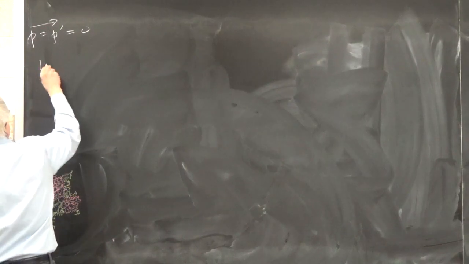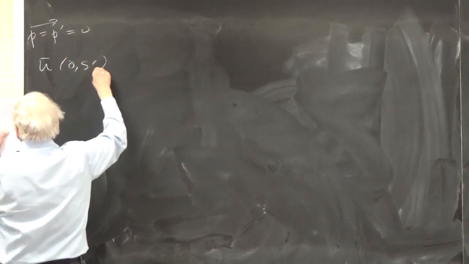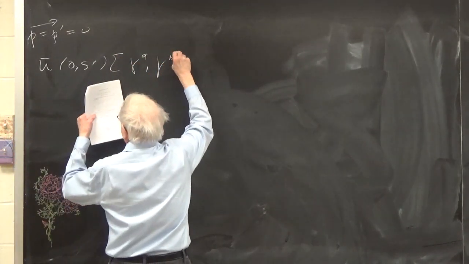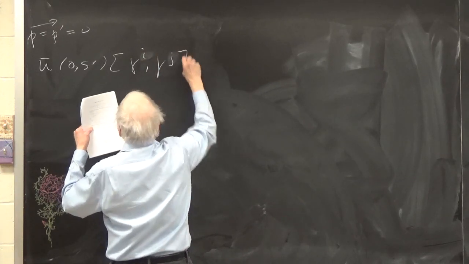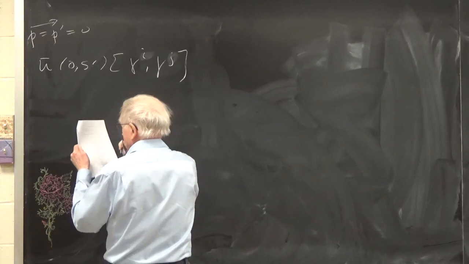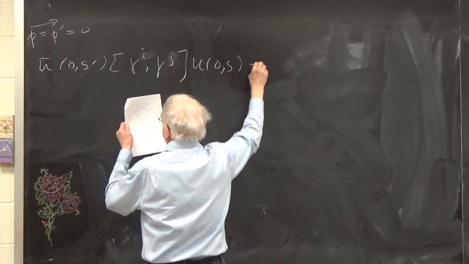And so what we're talking about here is u bar of 0, s prime, gamma^i, gamma^j, or rather I should have said gamma^i, gamma^j. So let me fix this: i, j, u of 0 and s.